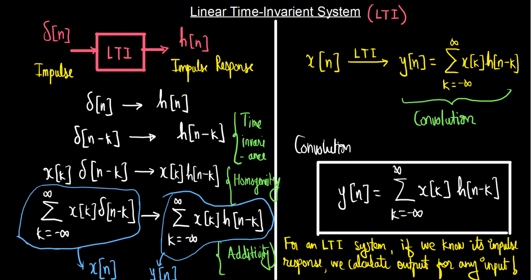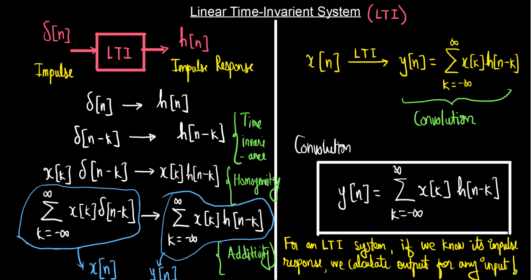Now let's analyze this. What is this convolution sum? If we observe this equation very closely, we see that here h of n is the impulse response, x is the original signal, that is the input signal, and y here is the output signal.